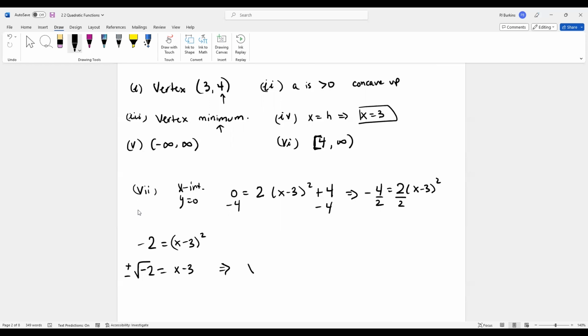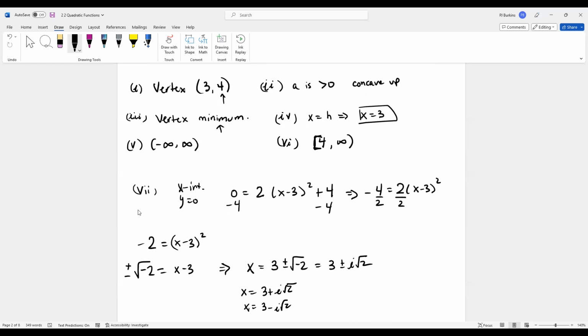So continuing to solve for x, I would add 3 to the other side. So I end up with 3 plus or minus the square root of negative 2. And that's plus or minus i square root 2. So the two solutions are 3 plus i root 2 and 3 minus i root 2.